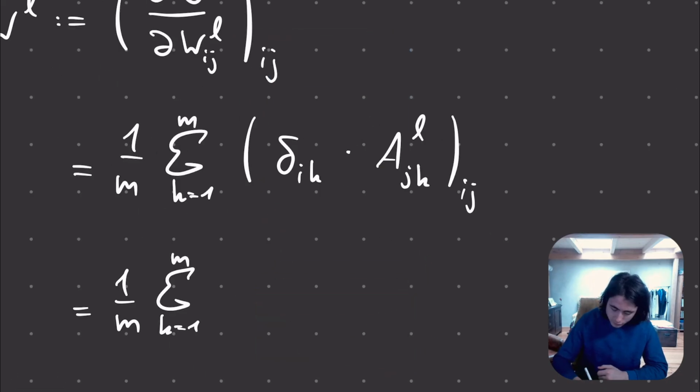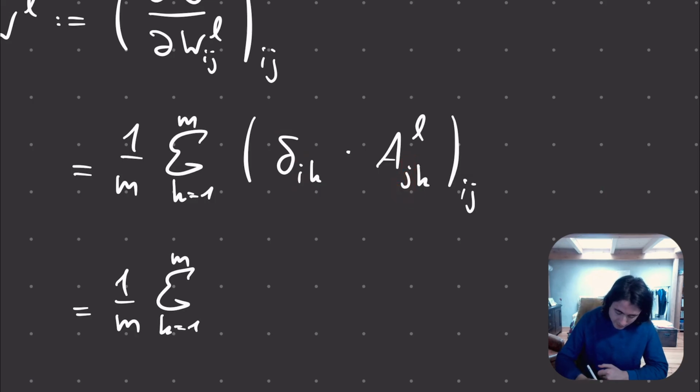But now this here is just again the outer product between two vectors, namely the ith column of this and the jth column of this matrix, where this makes up the indices i and this makes up the indices j.